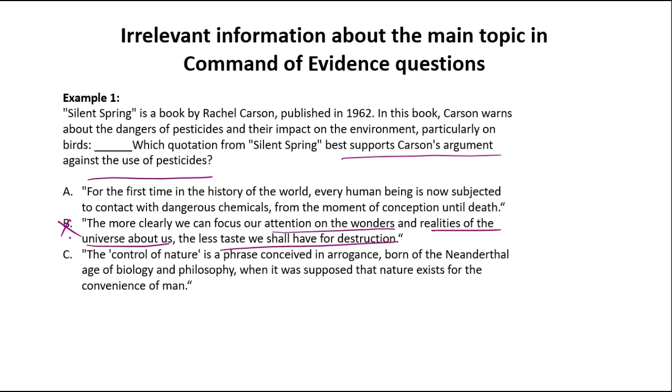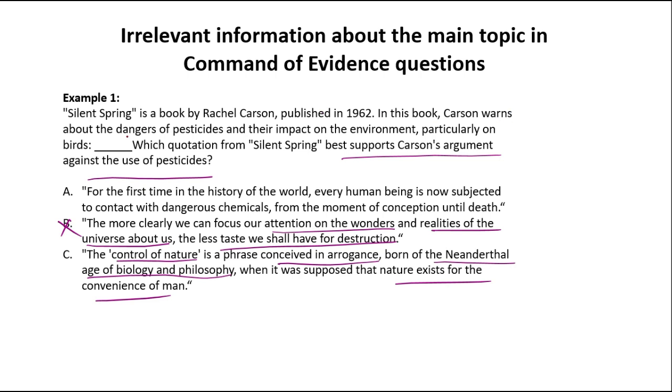Now in answer choice C, notice that you have: control of nature is a phrase conceived in arrogance, born of the Neanderthal age of biology and philosophy, that nature exists for the convenience of man. So notice that none of this is relevant to what is given in the text, right? So what is the text about?